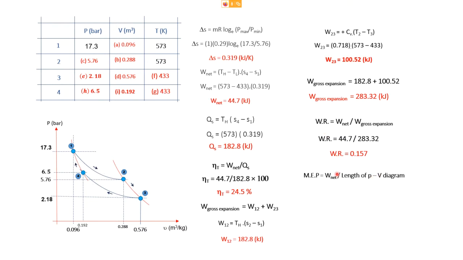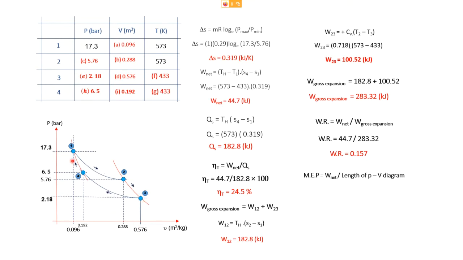Now if the question wants us to find the mean effective pressure, I explained this during the last class. Mean effective pressure is defined as network over length of the PV diagram. We have got our network, and the length of the PV diagram. Now this is your PV diagram.